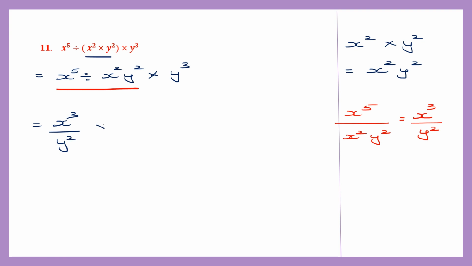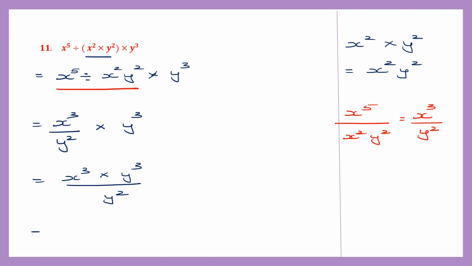Then write the remaining part of the question, into y to the power of 3. Now we're going to work this whole thing out and get the answer. I can write it all like this: x to the power of 3 into y to the power of 3 by y square.